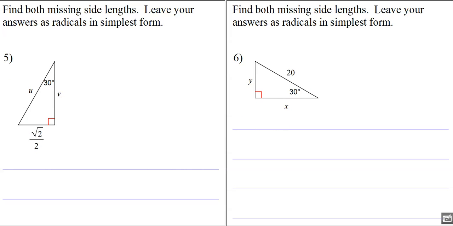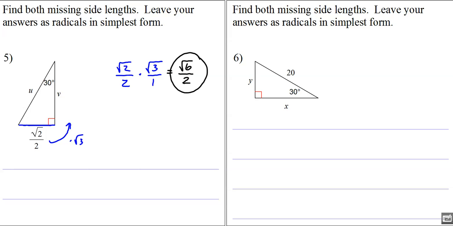This one, I have the smallest side, and I need to go to the longer leg, so I need to times by radical 3. So I have square root of 2 over 2 times radical 3, which if I want I can just put a 1 under it, so I have something to multiply by. And square root of 2 times square root of 3 is the square root of 6 over 2, and I am done.